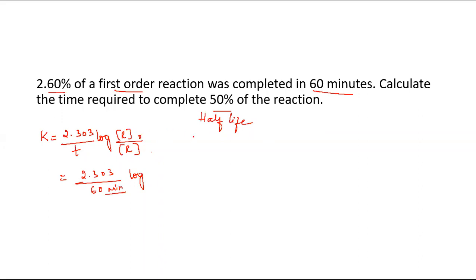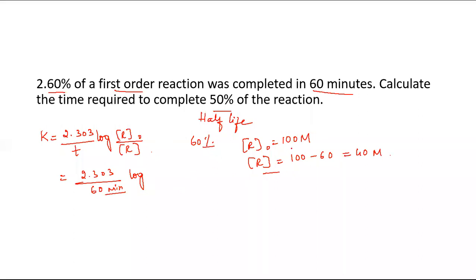When it is in percentage, 60% means the initial value will be 100 moles. And finally how much has remained? If 60% is complete, what remains? 100 minus 60, that is 40 moles remaining finally.